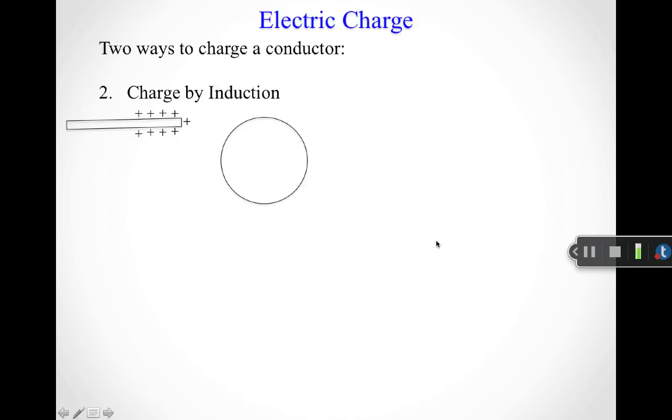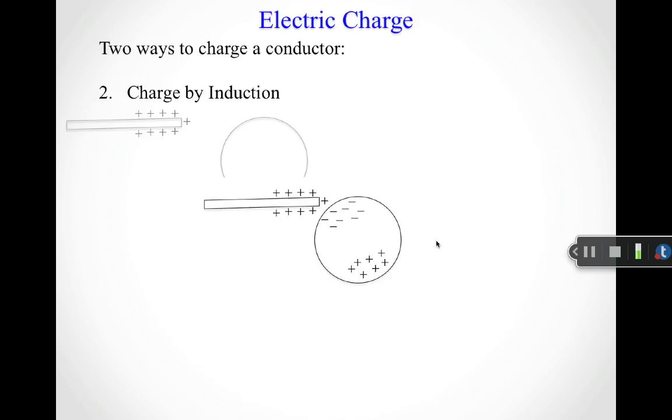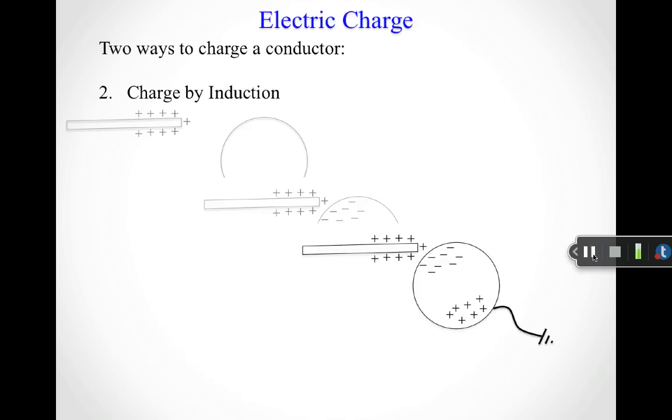Again, I need contact for conduction. The other option I've got is called charging by induction. I'll start the same way, but in this case, instead of touching my rod to my conductor, I'm going to set up my same scenario where my charges move freely in response to it.